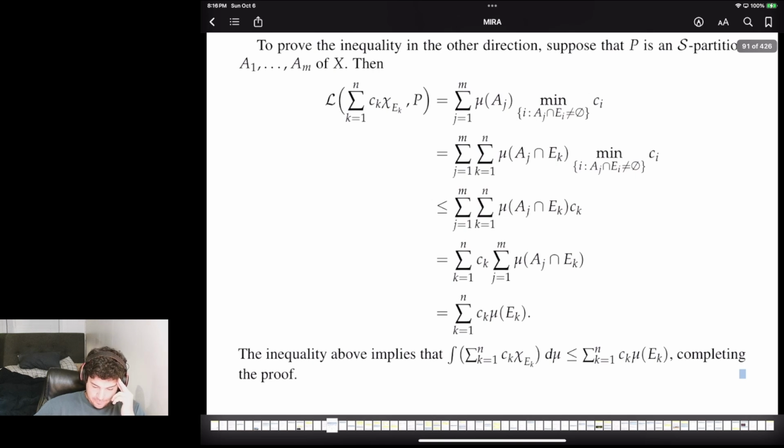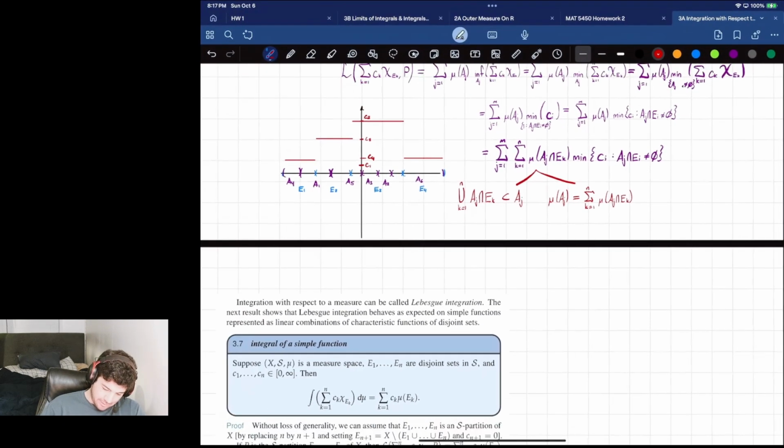Okay, so if Ci is not equal to Ck, then... Oh my gosh, I'm gonna have to write this down. This sucks. Okay, let me see.